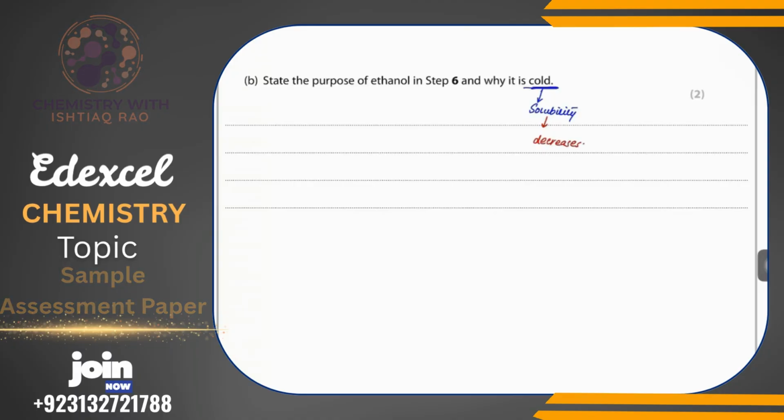The salt is the cobalt complex, which is soluble in water because water is polar. Ethanol is less polar than water, so that's why we are adding ethanol. It's having a lower solubility in ethanol. Ethanol is an organic solvent, right?